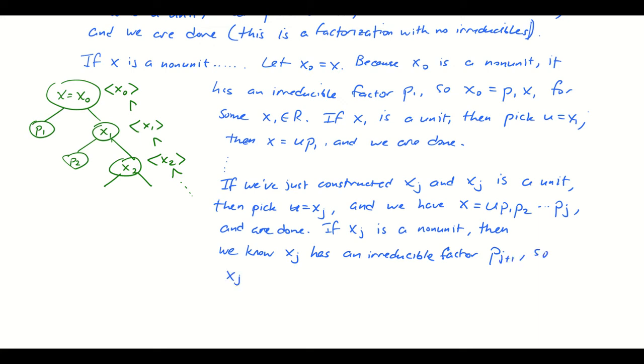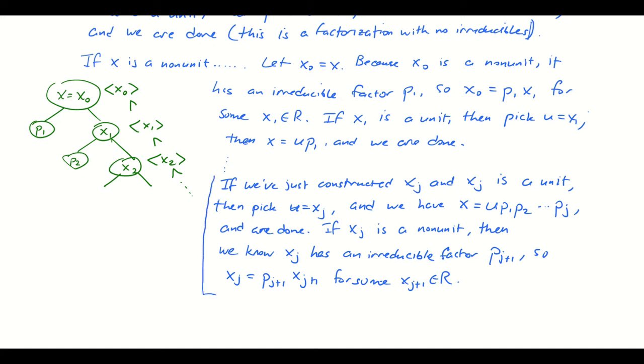So xj is equal to pj plus 1 times xj plus 1, for some xj plus 1 belonging to R. Okay, so that's the next stage of this construction over here. I'm splitting that xj into a pj plus 1 and an xj plus 1. Okay, and that's how I describe the construction.